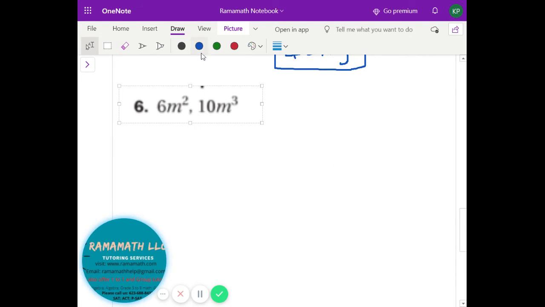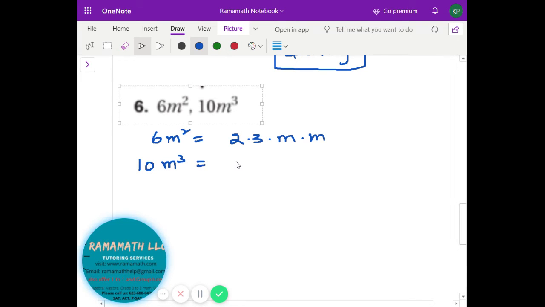All right, let's find the LCM of these 2. So first of all, you see the 6m squared n. That means 6, you can write it as 2 times 3, m and n. And 10 m cubed, you can write it as 2 times 5, m, m.